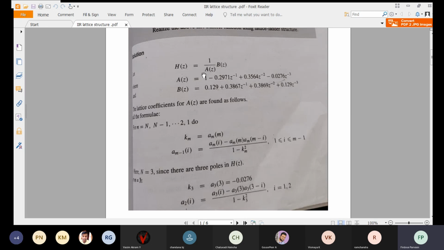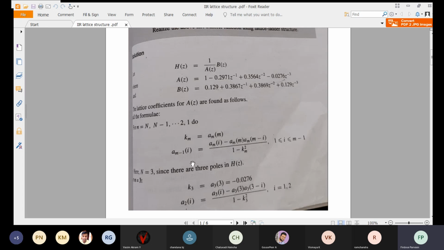This one will be your A3 of 0, this one will be your A3 of 1, this one will be your A3 of 2, and this one will be your A3 of 3. In the same way, this one will be your B0, B1, B2 and B3. It is not beta, it is B, that we have in the formula.